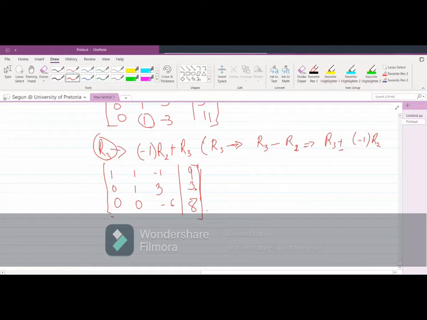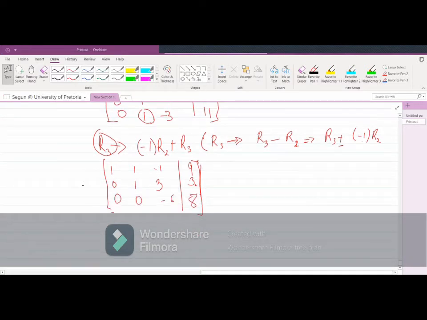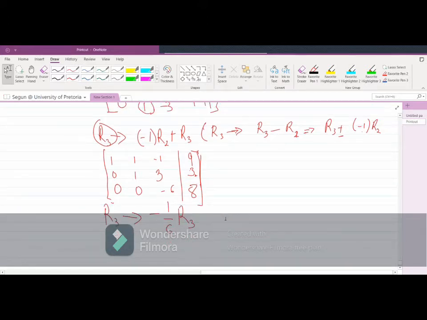Do we all get what the professor is saying now? Yes, sir. Okay, he says, look at it. He said R3, which is row 3 that we are going to work on, tends to be minus 1 all over 6 times R3. Remember, this must be 1. So this is your new R3. Let me just put it here.